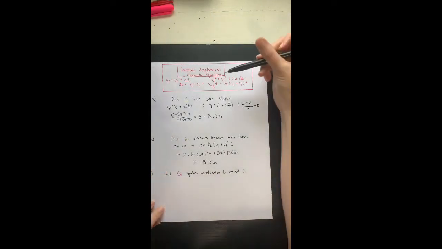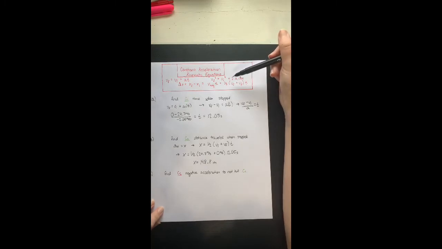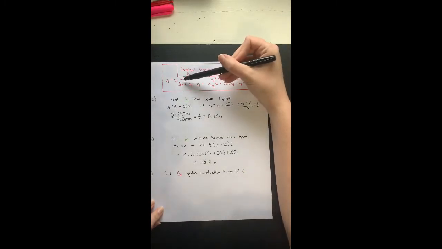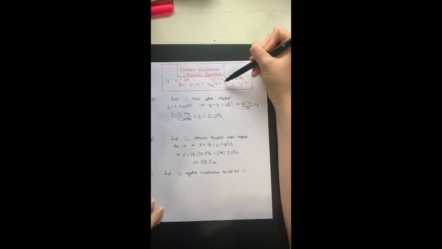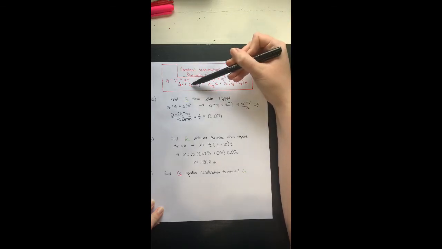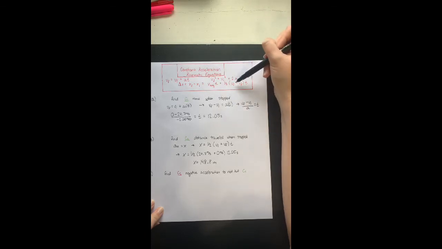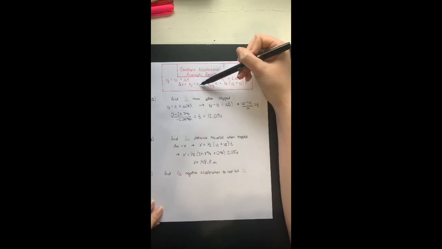Now, looking at these equations up here, we can see that this requires initial and final velocity, which we have, but we don't have acceleration or time, so we can't use it. This one requires either both distances, which we don't have, or initial and final velocity, which we do, but it also has time. We don't have our time. Now this one does not have time, but it still has our distances.